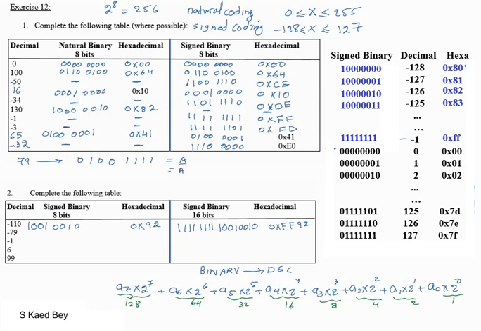So A bar is the opposite, and the opposite of 79, which is negative 79, is simply A bar plus 1. This is 1, 0, 1, 1, 0, 0, 0, 1. Now the hexadecimal equivalence of this, the first 4 bits is 1011, which is 11. This is B, and then 1.